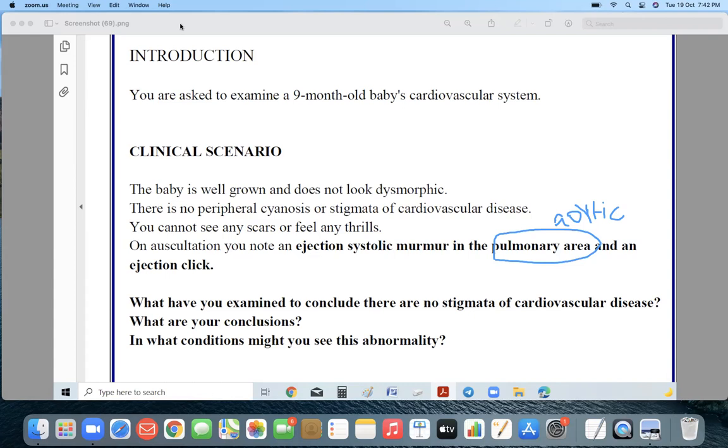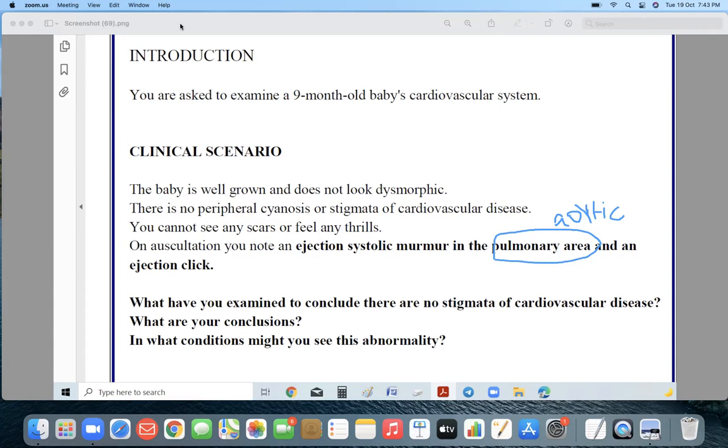Why am I saying collapsing pulse? Because incompetence can be there. So there will be a collapsing pulse or a weak pulse. These are the two things. Then we will go to the eyes, there will be nothing. Then we will go to the mouth, there will be nothing regarding this. Then we will go to the neck.